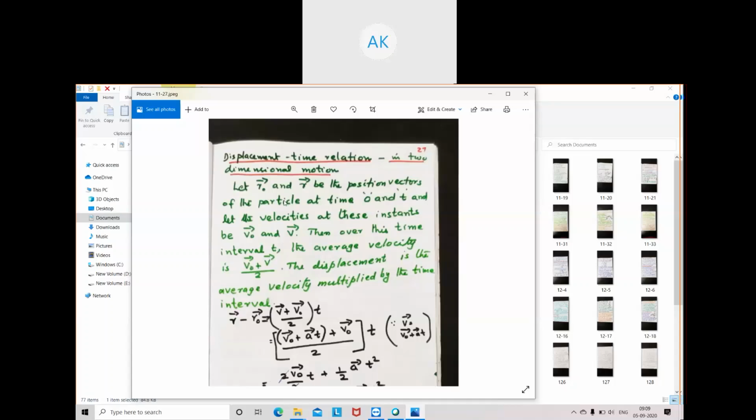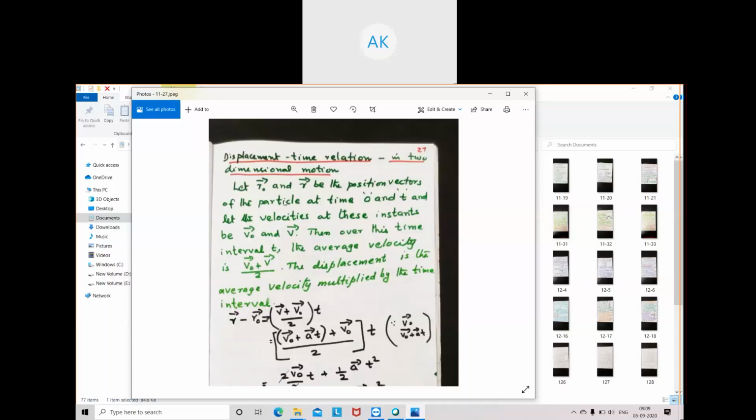So what all things did I tell now? Initial position r0. At that time velocity v0. At 0 time, initial velocity. And the body is accelerated 60, 70, 80, 90, like that. Body is uniformly accelerated. And then at a later time t, after 5 minutes or 10 minutes, it will reach another position, vector r.